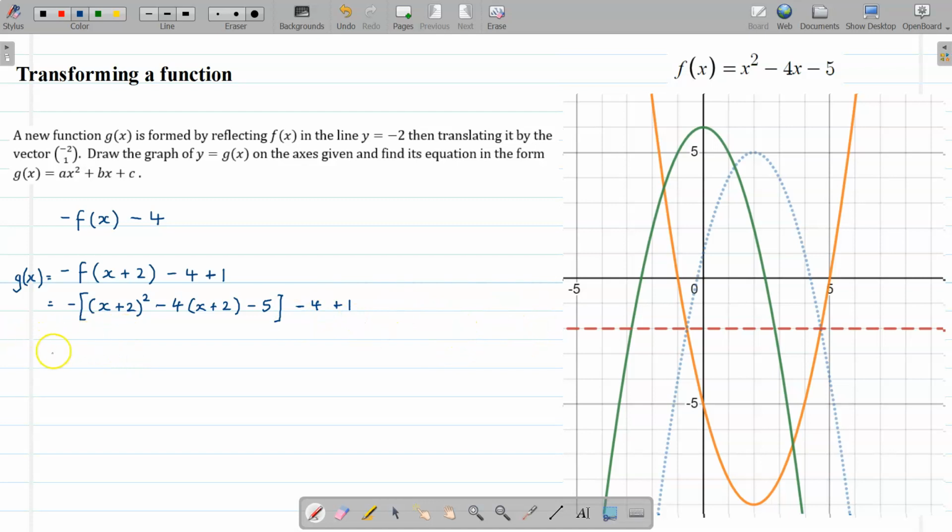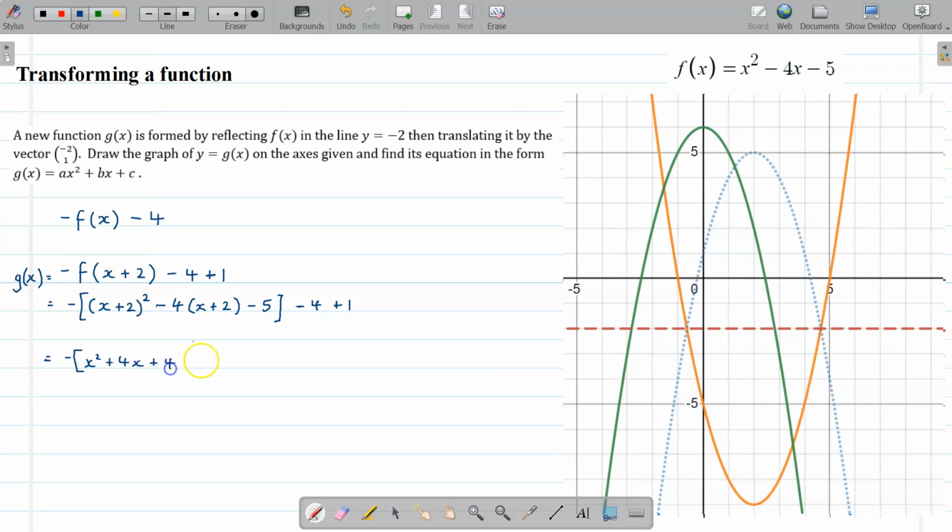So let's go to the next stage and see what that looks like. Well, if I multiply out the square first of all, I'm going to leave the minus sign in the square bracket there. Now x plus 2 all squared is x squared plus 4x plus 4.